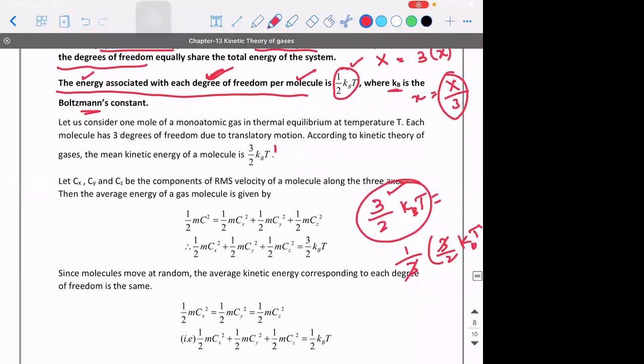Let's see. Consider 1 mole of a monoatomic gas in thermal equilibrium at temperature T. Each molecule in a monoatomic gas has 3 degrees of freedom due to translatory motion.